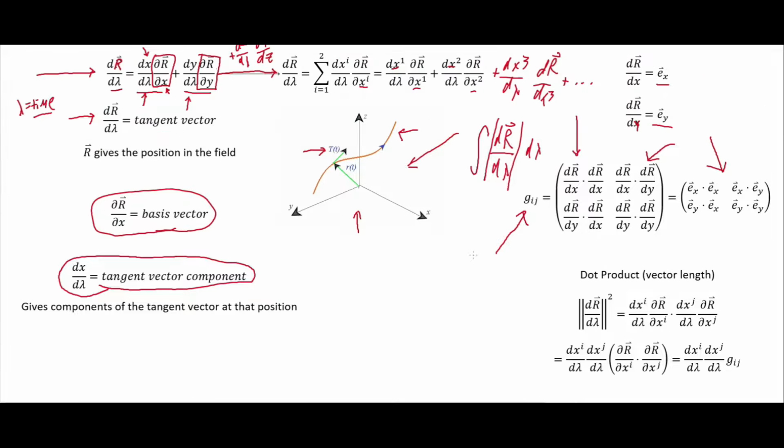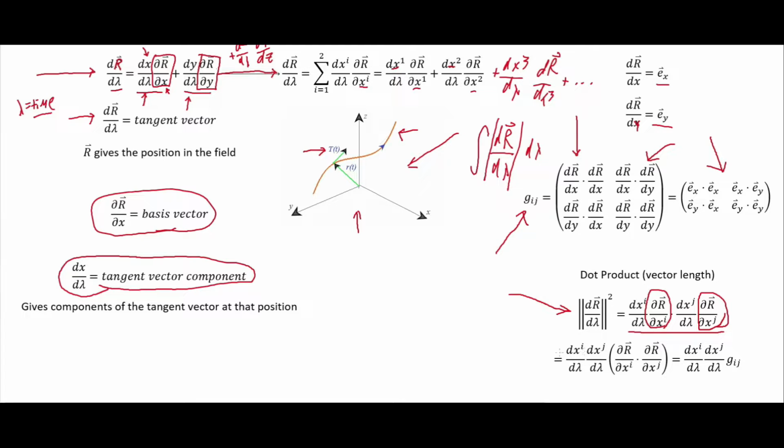All right, and so then the dot product, the vector length, is just the magnitude of dr d lambda squared. Once again, that is a linear combination of the bases, and then the components are dxi d lambda and dxj d lambda.